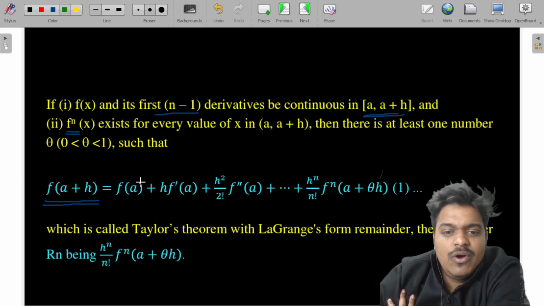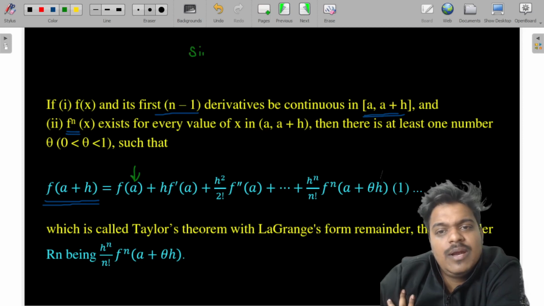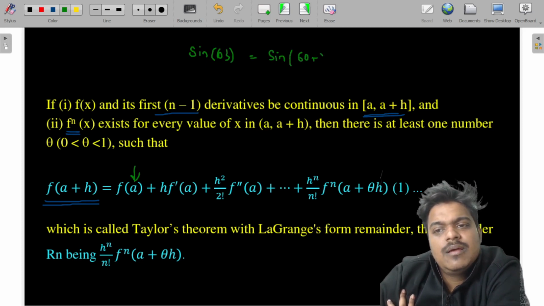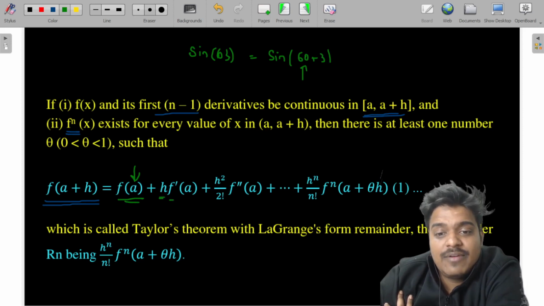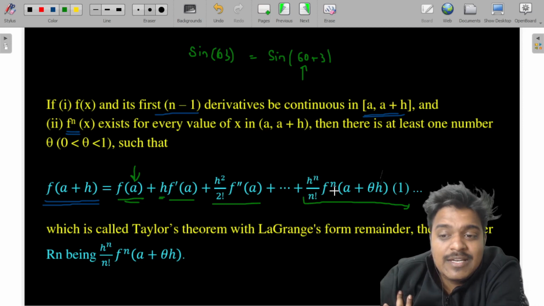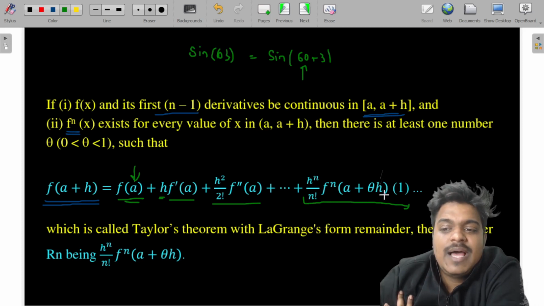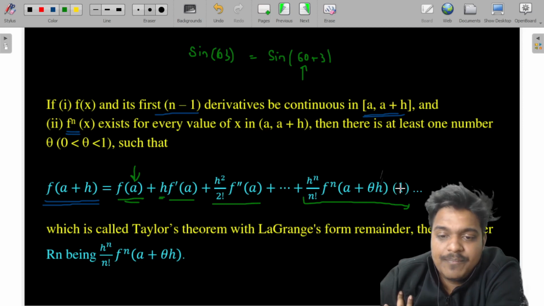If you need to calculate sine 63, this can be written as sine of 60 plus 3. You have the value of sine 60, so f of a plus h equals f of a, that is sine 60, plus h times f dash of a, plus h square by 2 factorial f double dash of a, and the last term will be h to the power n divided by n factorial times the nth derivative of f at a plus theta h.